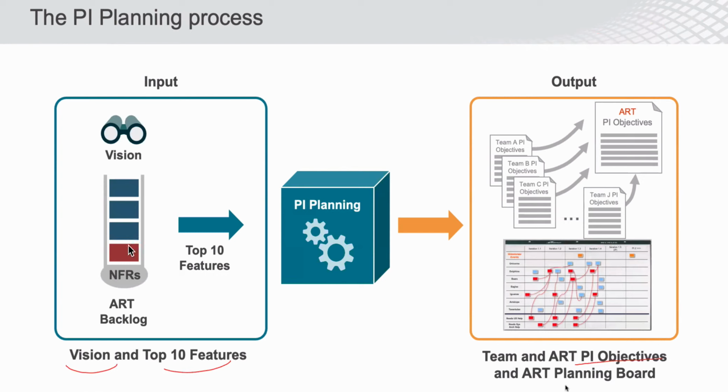The PI and the planning board. I'm sorry. The objectives and what else? Do you see my screen here, Sonia? Yes. PI objectives and the planning board, these are your 2 outputs. And your vision and top features, these are the 2 inputs. Okay, all right. Now this would have been a good question for the chat.